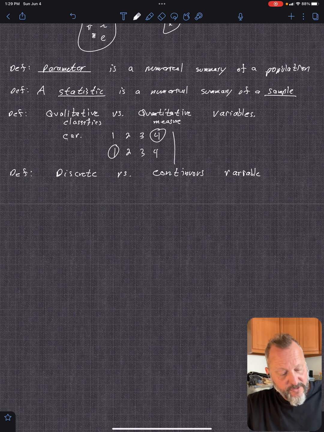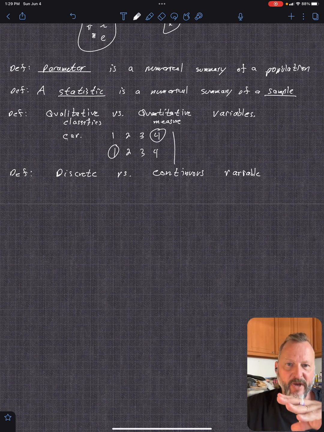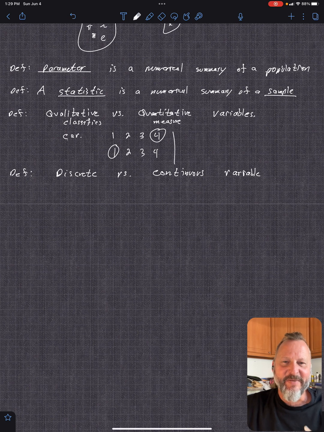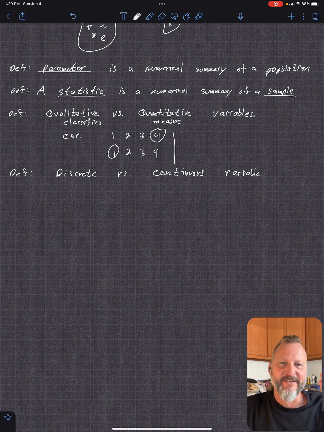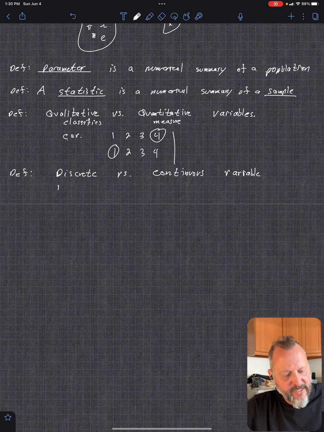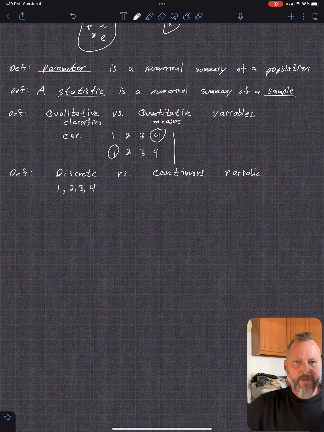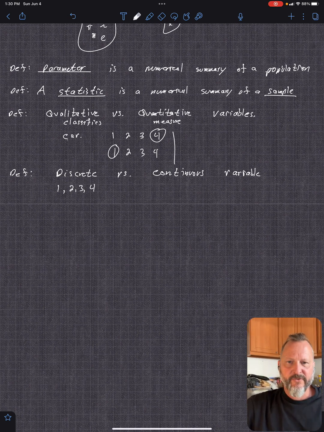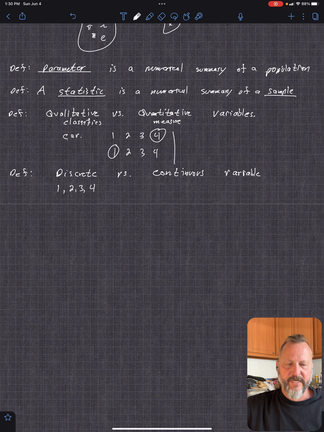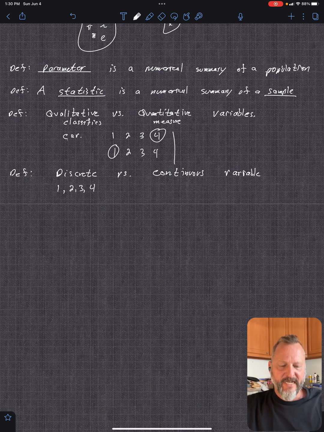Discrete, we don't mean like, shh, be quiet. We mean discrete is 1, 2, 3, 4. It's a counting thing. You have 1, 2, 3, 4 bolts. You have 1, 2, 3, 4 people. That concept is discrete.